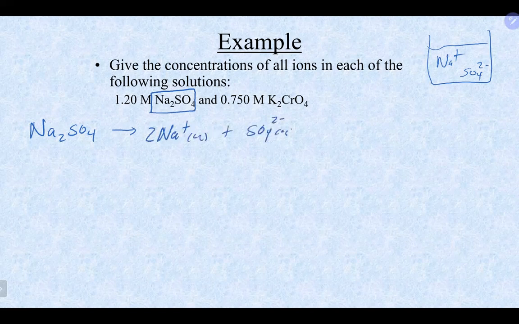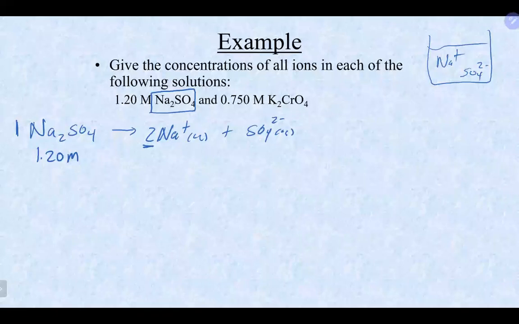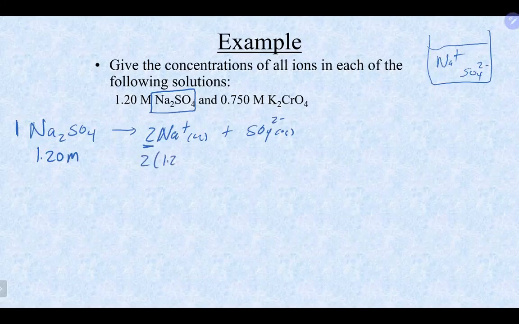And really the quick way, as we talked about, to relate molarity to the individual ions is, if you do know the concentration for the intact unit, you can just do very much like a stoichiometry problem. For every one of these whole things, we get 2 of the sodium ions. So you would multiply the concentration by 2. And that would get you 2.4 molar as the concentration of the sodium ions floating around in there.